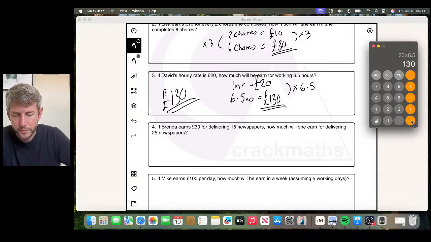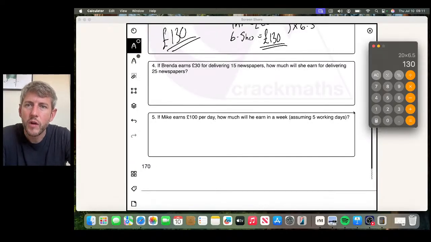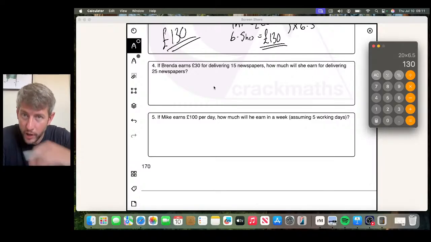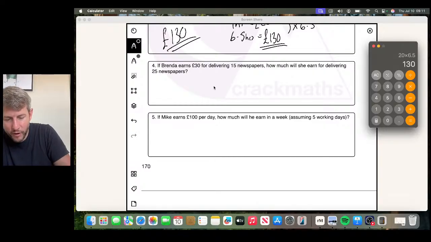Question 4. If Brenda earns £30 for delivering 15 newspapers, how much will she earn for delivering 25 newspapers? Ooh, okay. So 15 newspapers equals £30. Let's find out what 5 newspapers are, because 25 is a multiple of 5.